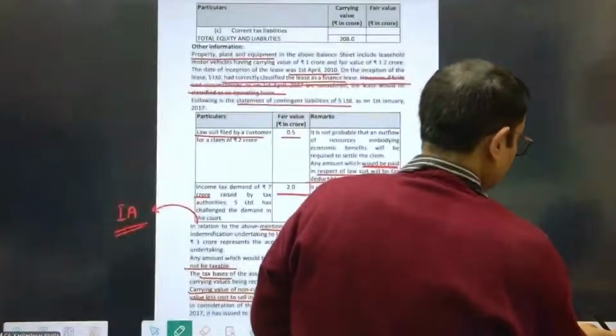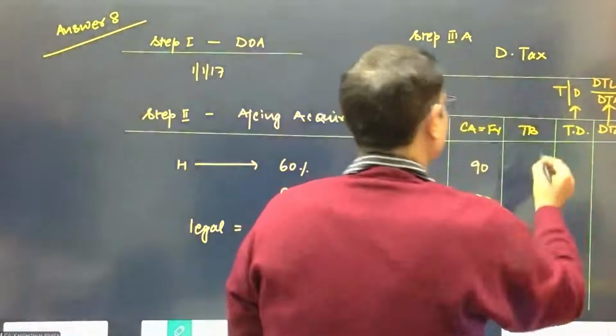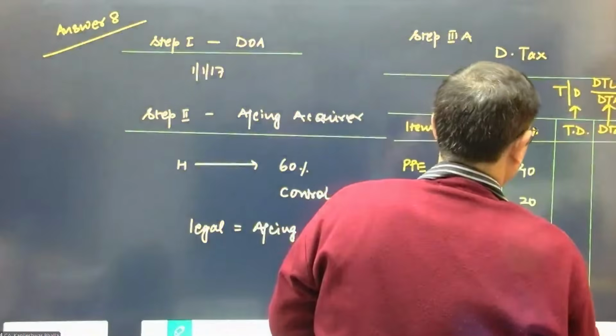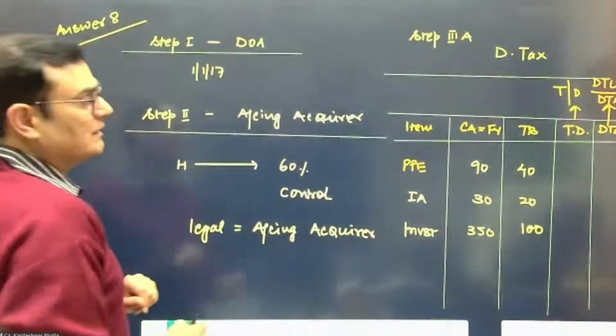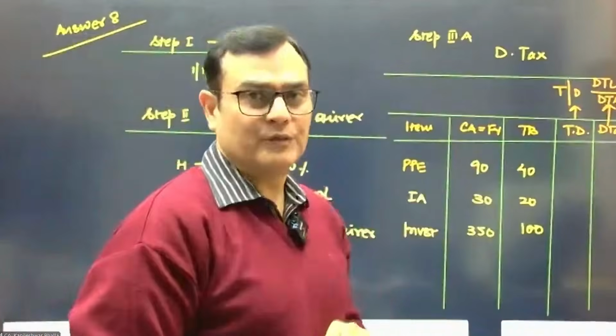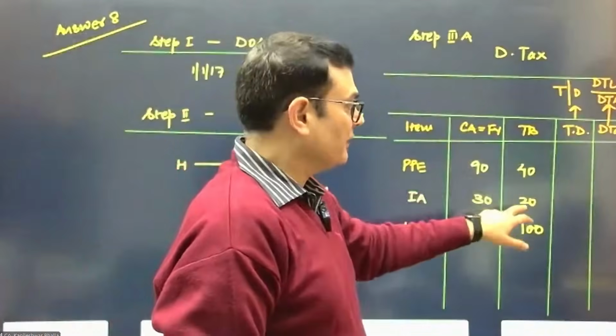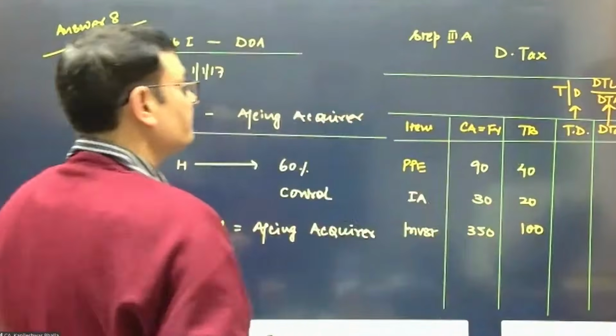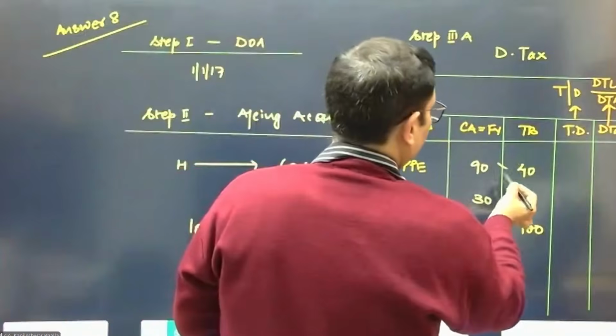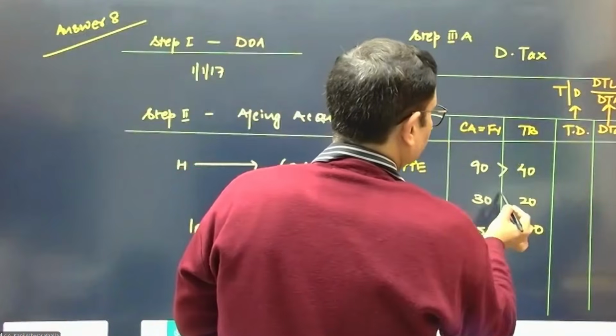The tax base will be 40, 20, and 100, because from the taxation point of view, the deductions will be allowed to the extent of the original cost, the original book values itself. So the book value becomes the tax base, and the fair value becomes the carrying amount. So this fair value is more, this is more, and this is more.